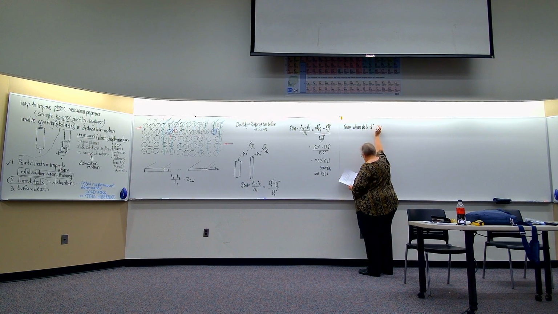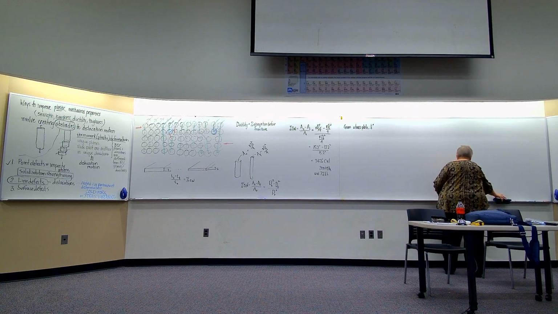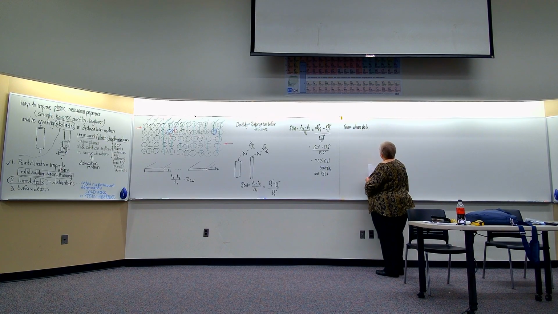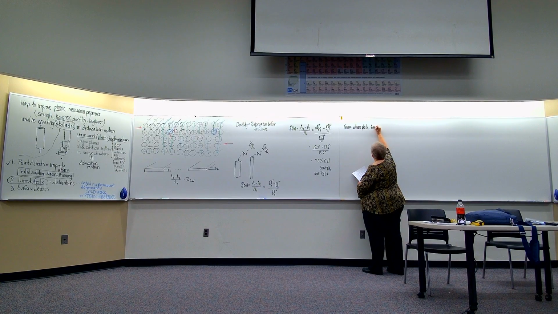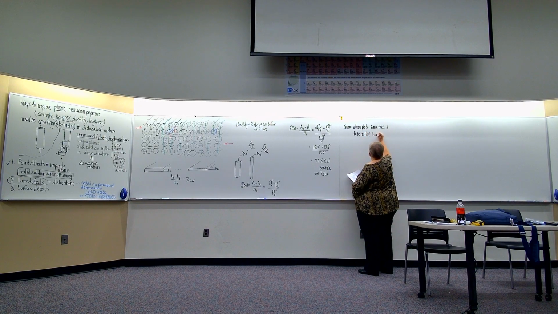Quarter inch is about 6 millimeters, so let's say it's 6 millimeters thick, is to be rolled to a thickness of 4 millimeters.